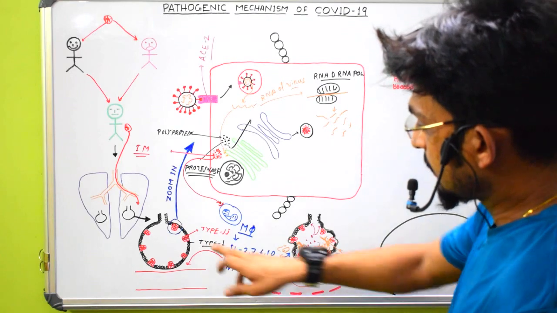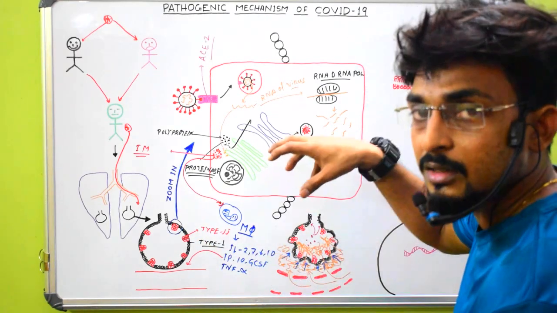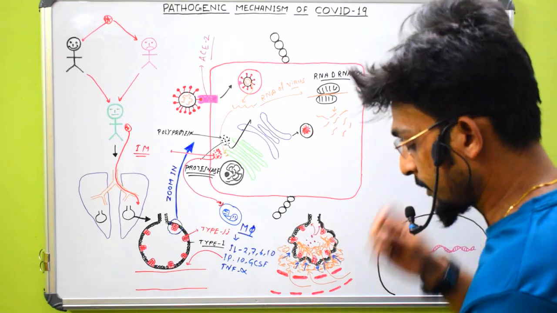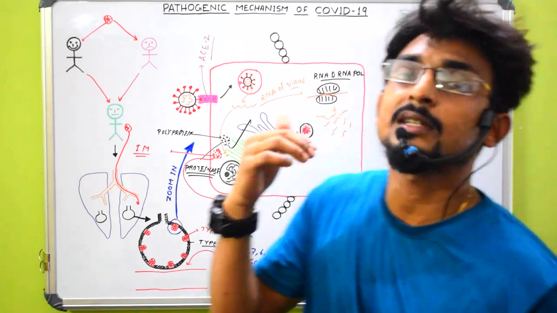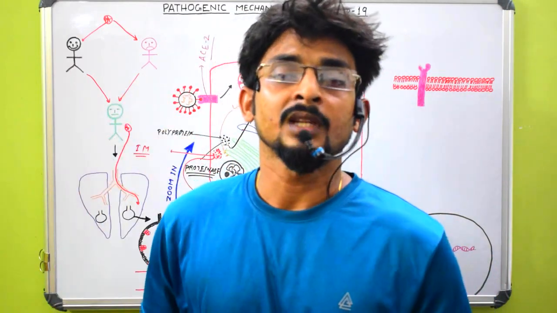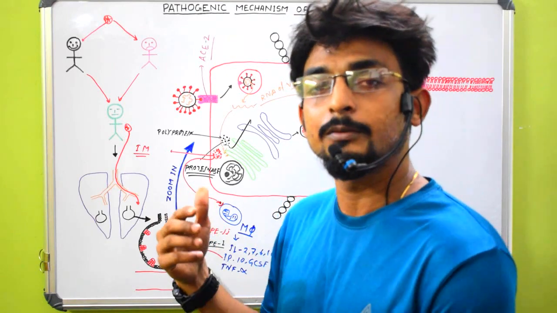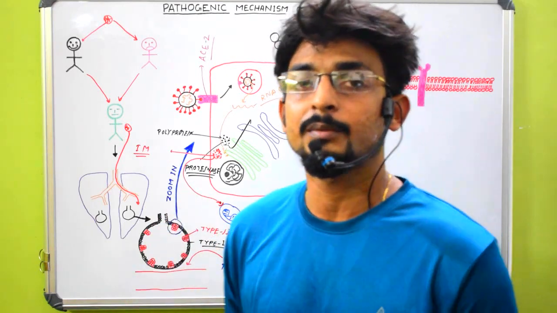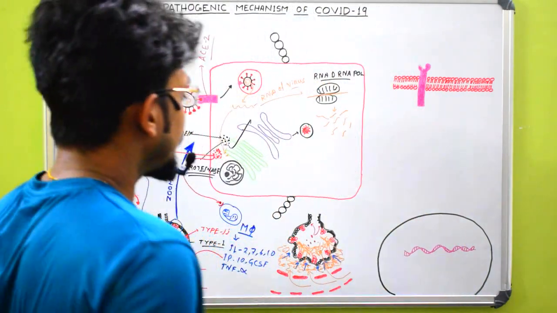Another scenario is that once these chemicals are secreted from the macrophage, they will go and trigger the hypothalamus, and then the hypothalamus will secrete prostaglandin E2 that will increase the temperature of the body, right?